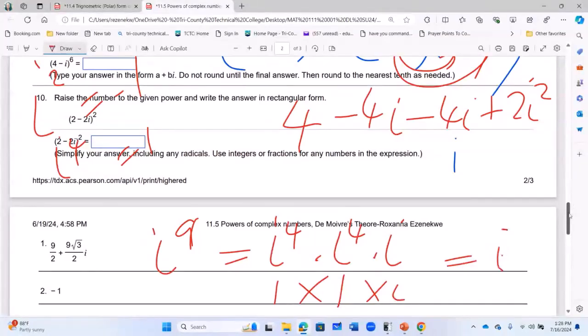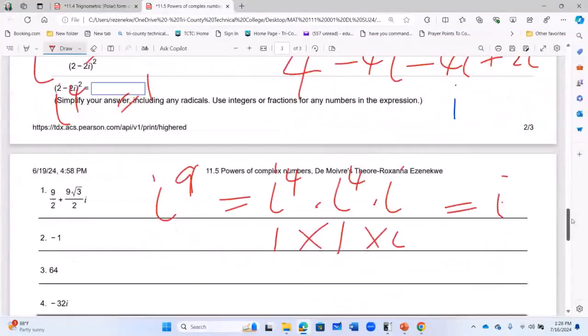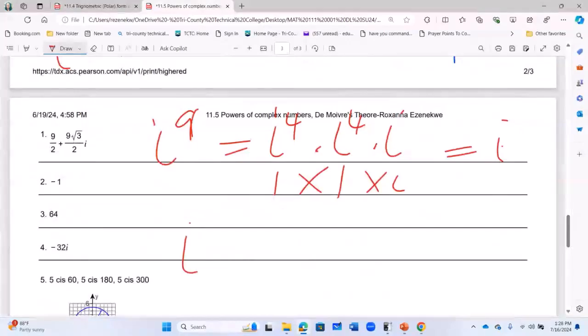Well, suppose I am told to evaluate i to the power 99. Well, let me just get a number that is good. Let me say i to the power 86.